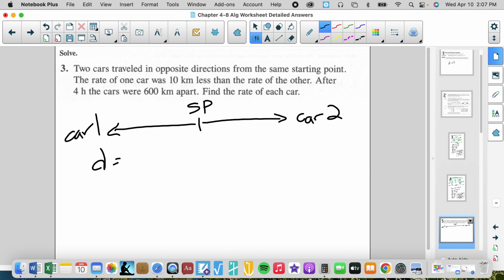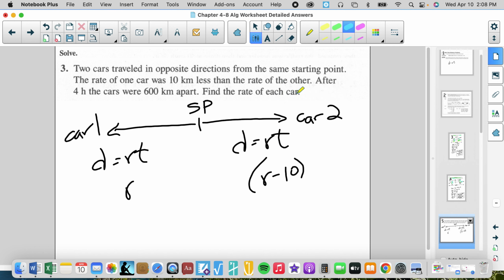Distance equals rate times time is always how we find that. One of the cars is going to be R, and the other car is going to be R minus 10 this time.